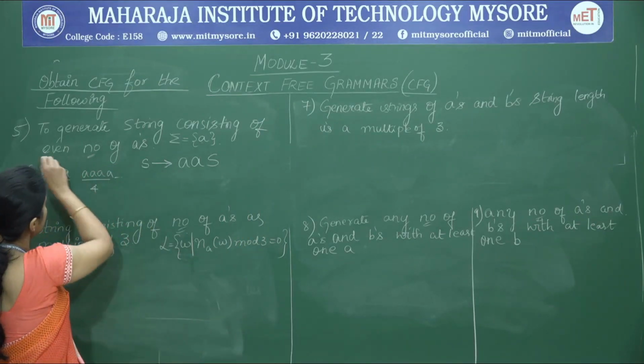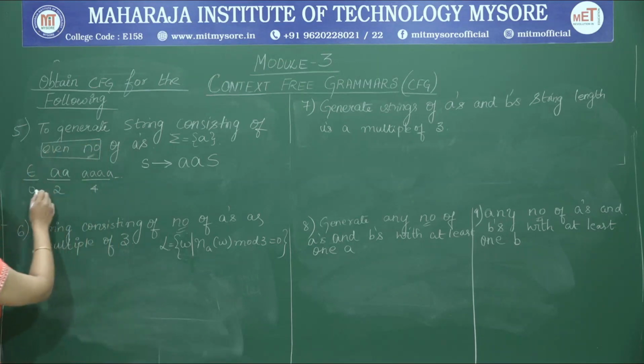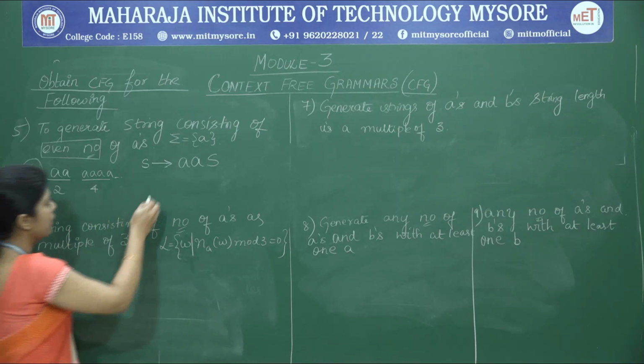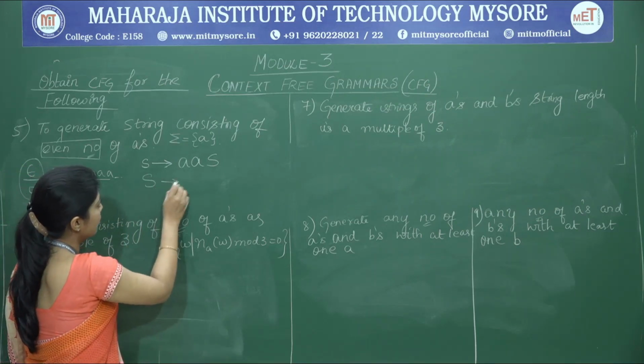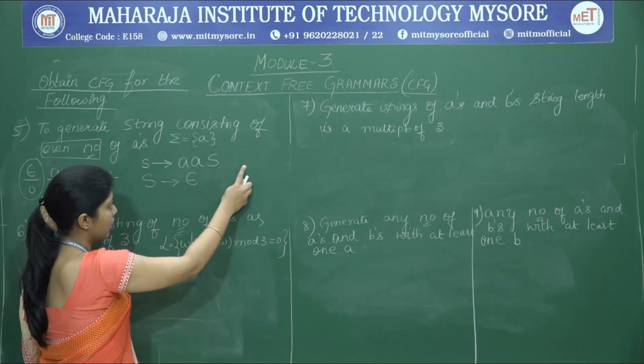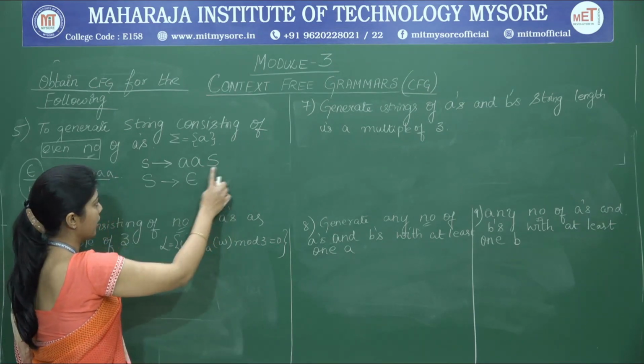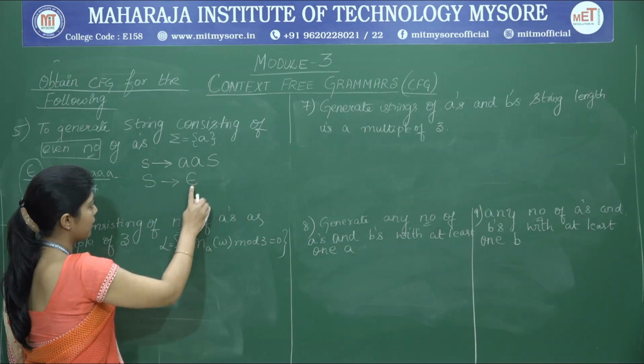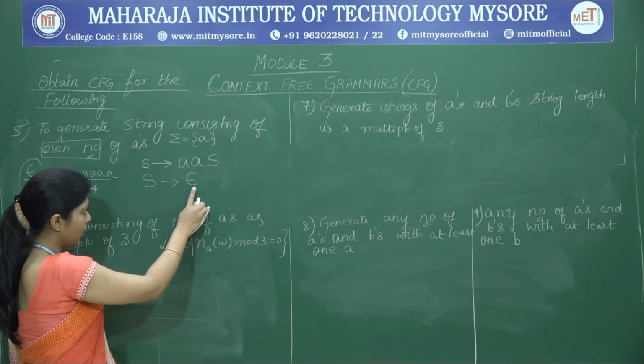When we say even number, what is the least even number that we have taken? It is 0. Therefore S goes to epsilon. Once we have generated a sufficient number of A's as per our requirement, we have to stop the derivation by applying this epsilon.